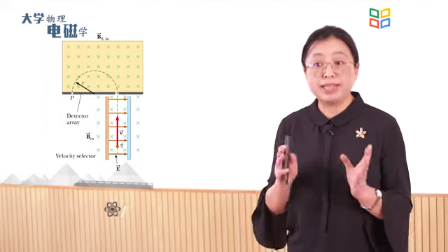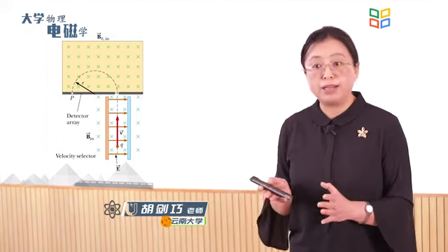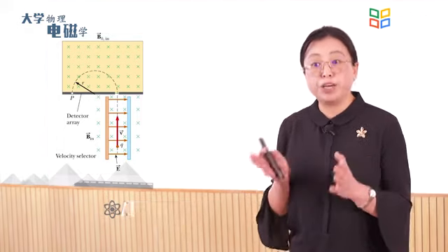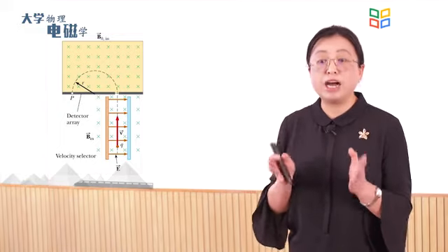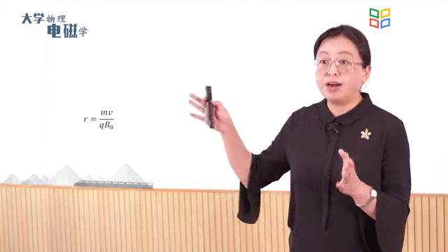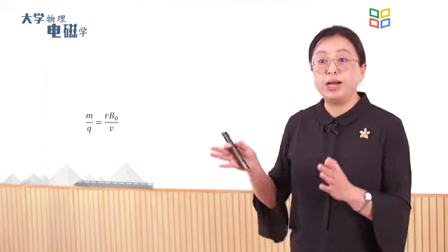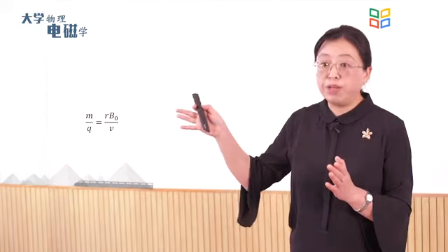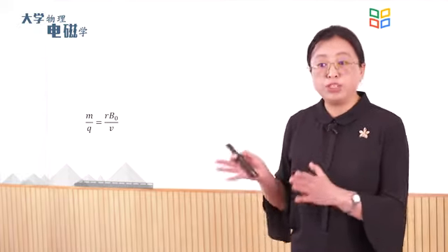Upon entering the second magnetic field, under the action of the magnetic field only, the particles move in a circular path of radius r and strike a detector array finally. Applying this equation, R equals mv divided by QB0, we can express the mass-to-charge ratio by this one. Therefore, the radius R varies with the mass-to-charge ratio of the particles.